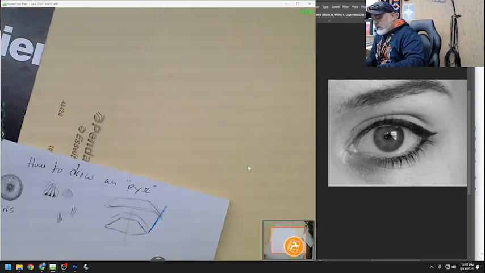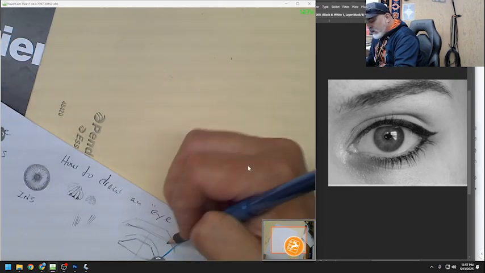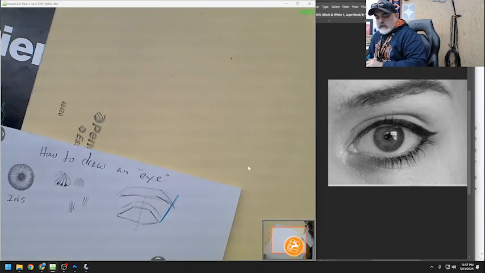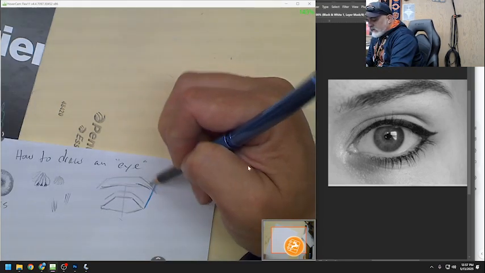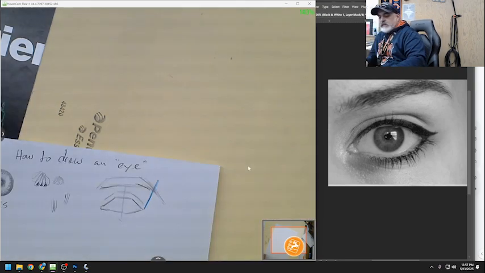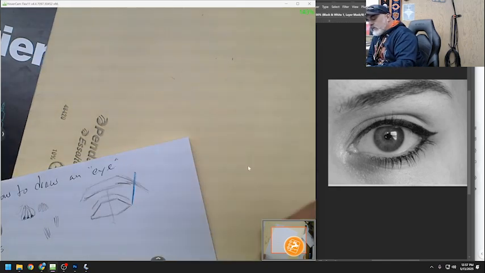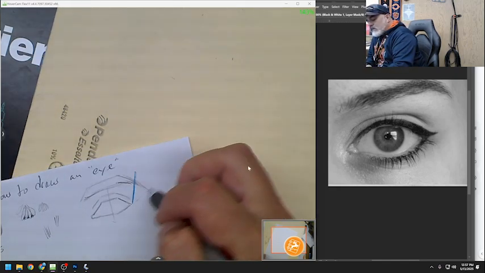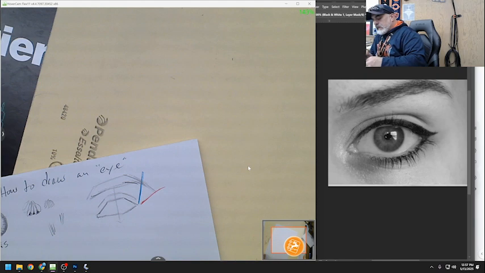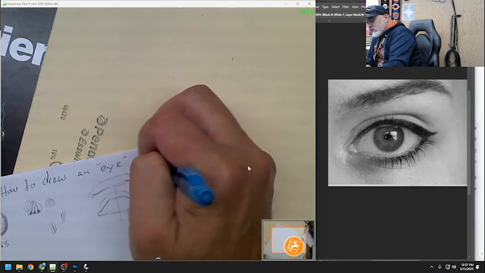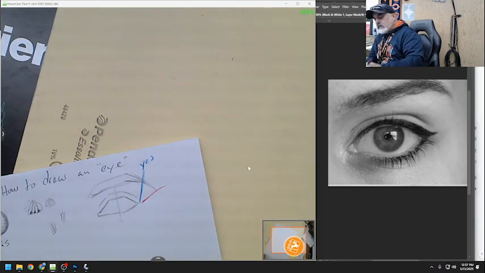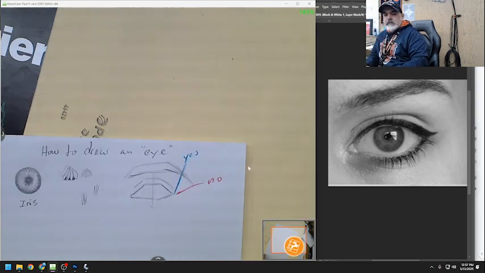And the problem is, a lot of people, when they're drawing, want to draw it like this, and that angle looks like that. Now, here's the problem. That's a yes. This is a no. Okay.